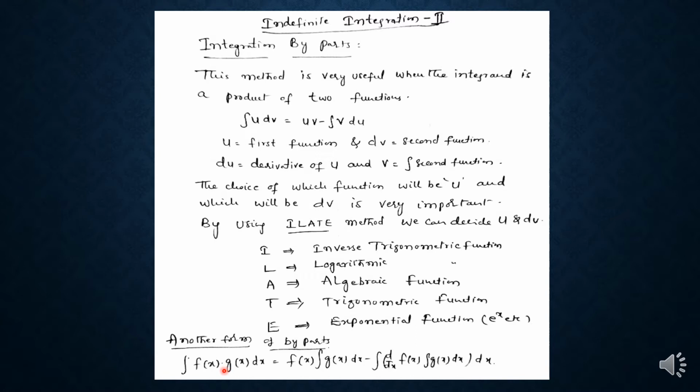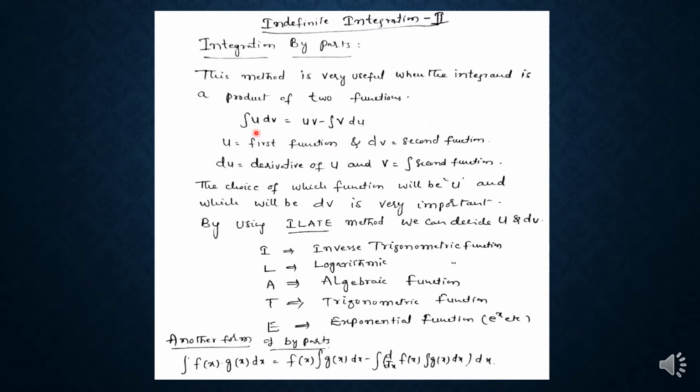So that is, first function into second function is equal to first function into integral of second function, minus integral of the derivative of first function into integral of second function, whole integration. Simply, we can use another form, which is integral u dv is equal to uv minus integral v du, where u and v are functions.